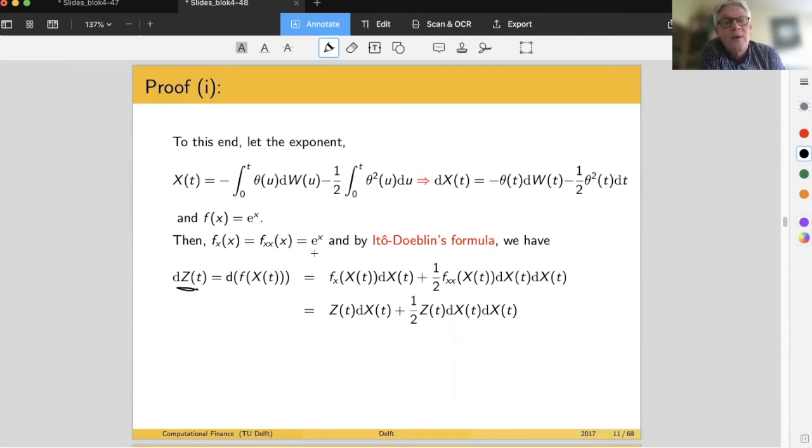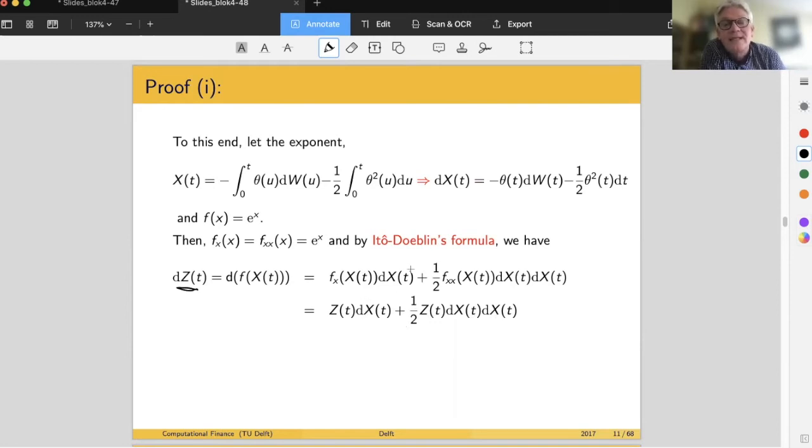And for little x, we have substituted X_t. Now we can substitute the things that we know. f(x) here is in fact our function e to the x, so that is Z itself. So this is equal to Z dX_t plus 1/2, and here also we substitute Z, times dX_t dX_t.